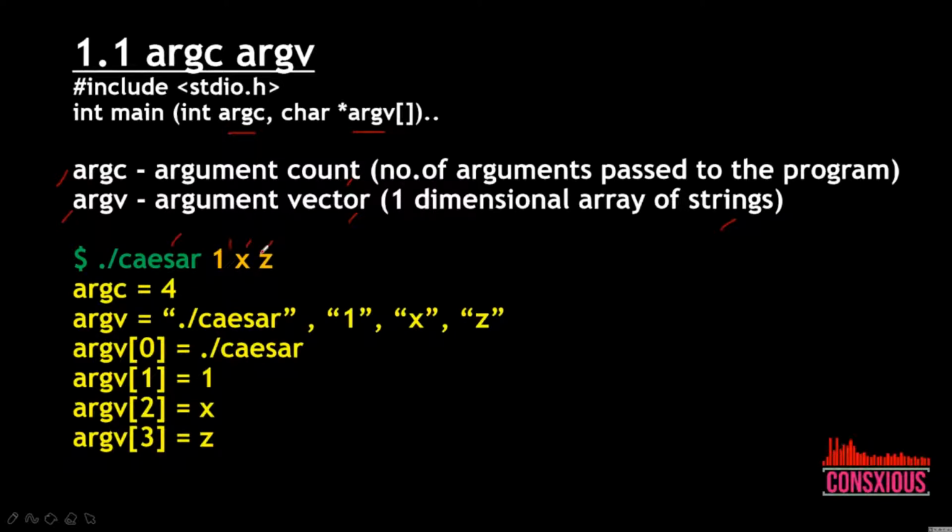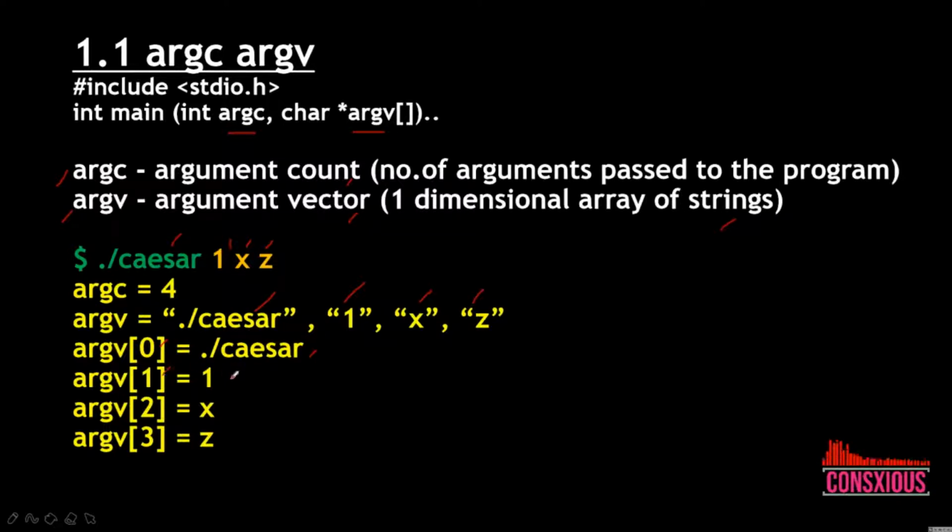As for argv, we can also notice that there are 4 strings in this example. In each of the strings, we can use an index to access them. For example, argv index 0 is ./scissors.